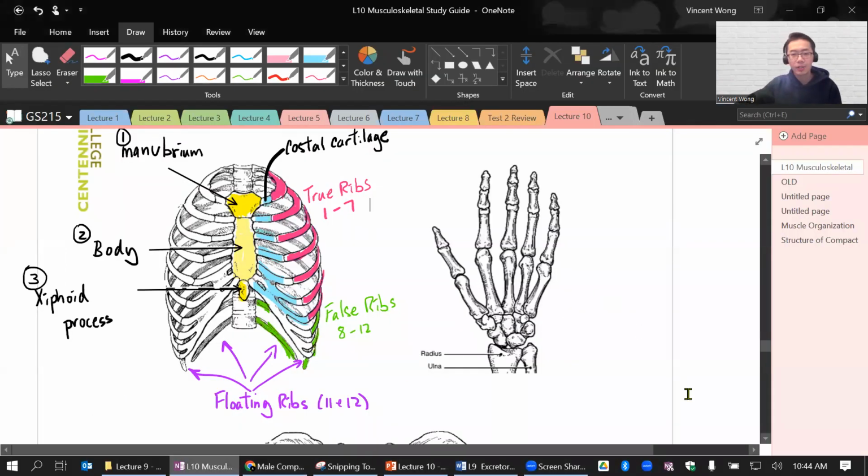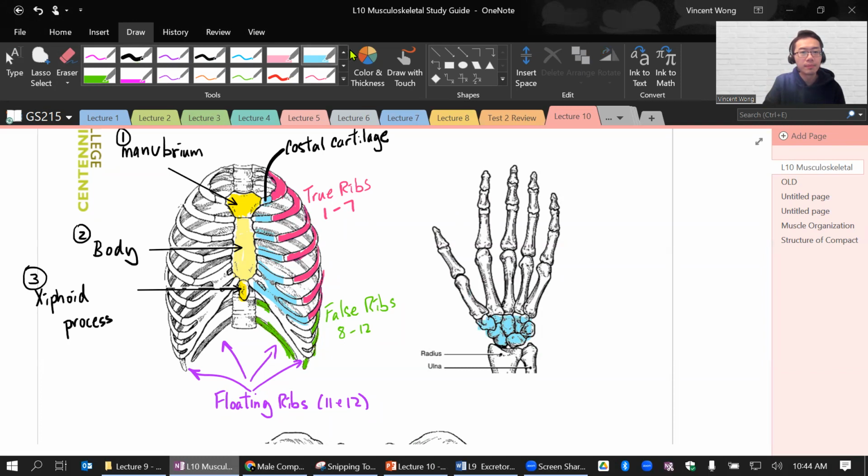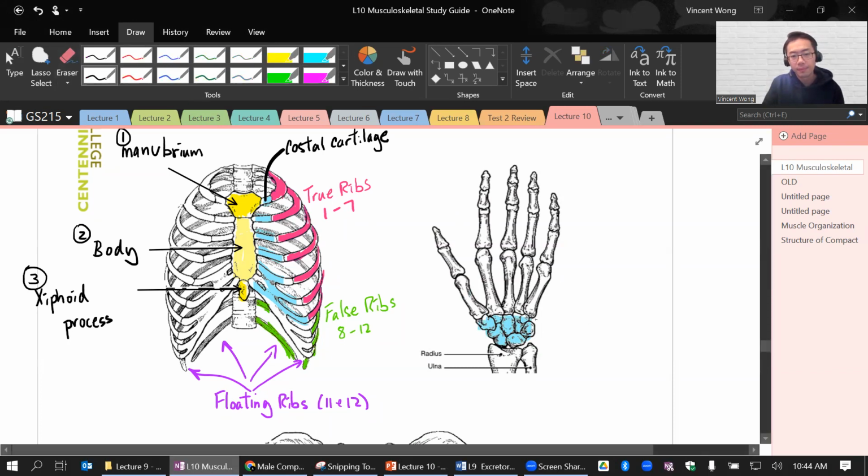Let's color some of these things. We have our carpals right here. That's the wrist bones. Carpals. We have the metacarpals.